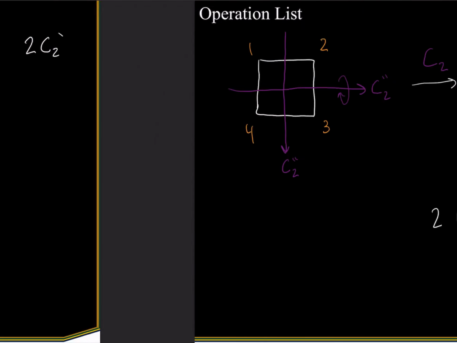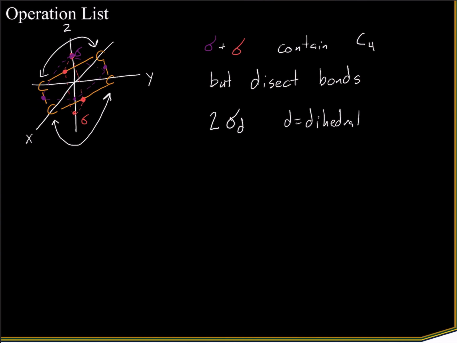And so this is all of the operations that we are currently familiar with, right? We're familiar with rotations, these proper rotations, these capital C type rotations. We're familiar with reflections, so these are the sigmas. We also have inversion, which we're going to talk about in a second.